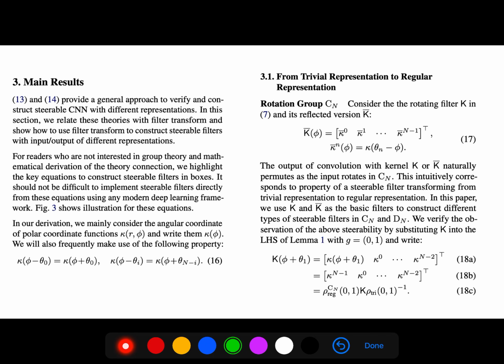Consider the rotating filter K. The output of convolution with kernel K naturally permutes as the input rotates in Cn. This intuitively corresponds to the property of a steerable filter transforming from trivial representation to regular representation.